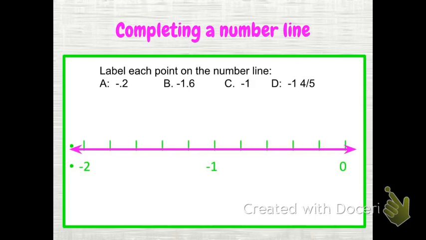So these are all negative numbers, right? So all we've got to do now is figure out how many spaces between 0 and -1. Let's count them. 1, 2, 3, 4, 5. 5 spaces, so our denominator is 5. Okay, so the first one behind 0 is -1 out of 5.